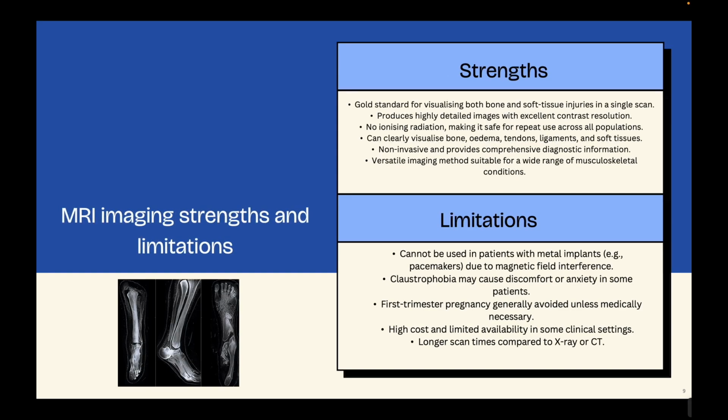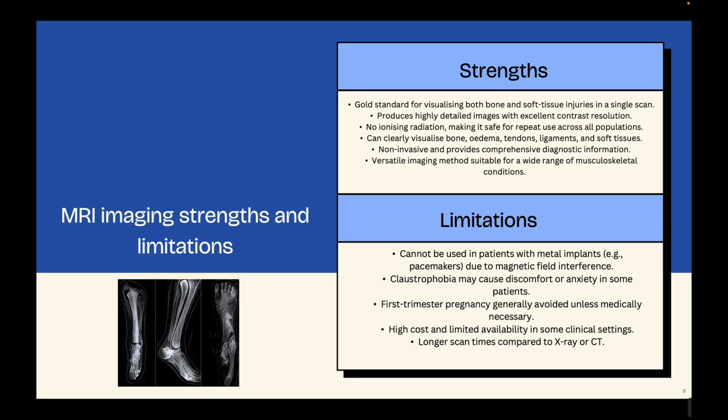MRI imaging strengths and limitations. MRI stands for magnetic resonance imaging, and it is considered the gold standard for visualizing both bone and soft tissue injury within the same scan. MRI scans utilize the H2O molecule in the body, which contains two hydrogen ions.